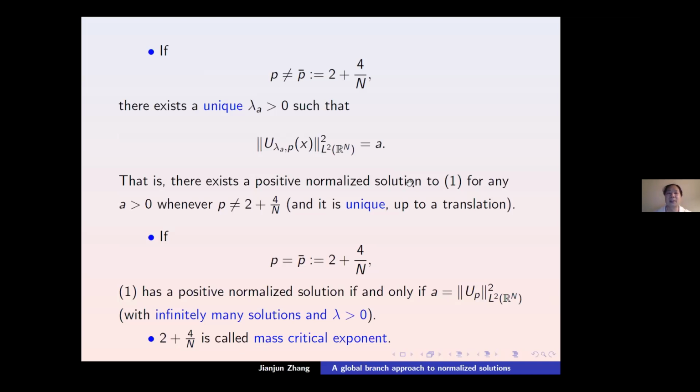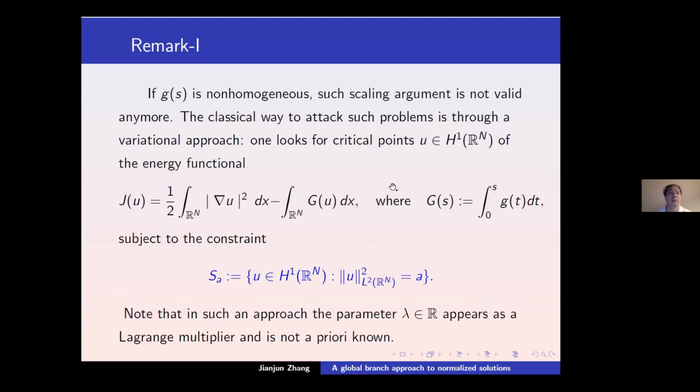Okay. So in the literature, people consider the normalized problem in the mass subcritical case, critical case, and mass supercritical case separately. Usually people use a variational argument to find a normalized solution, but the methods are different. Okay. So now we give the following remark.